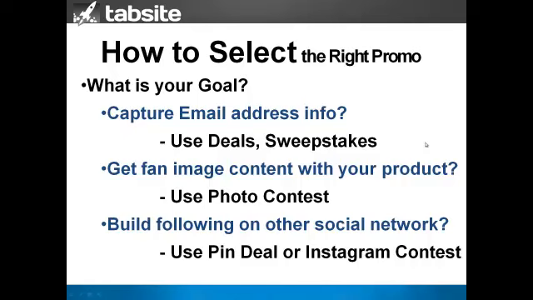You can export that and use that in your email marketing program. If you're trying to get fan content, or you want to have a voting mechanism, then a contest can work great. So use a photo contest if you want to get pictures of people using your product. You're inviting people to submit a photo of themselves or their friends using your product, and you're going to have people vote on that. You can outline in your rules that the photo you're submitting is available for us to use in promotional literature later on, and so then you'd have access to those.